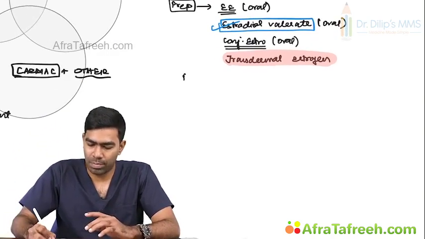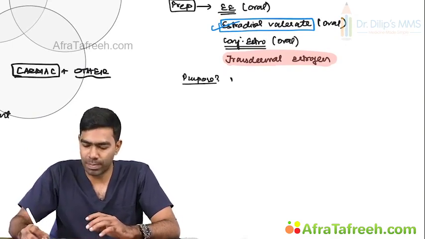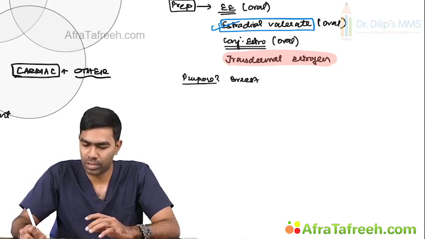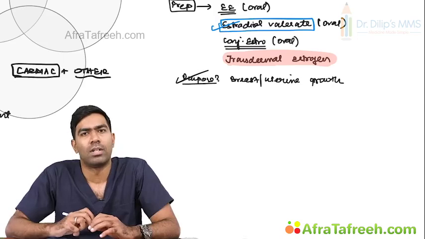So what is the purpose of giving this estrogen? The purpose is mainly for breast and uterine development. Breast and uterine growth, you need this estrogen. Without estrogen, your uterine growth will not happen, and your Mullerian structures will be rudimentary.